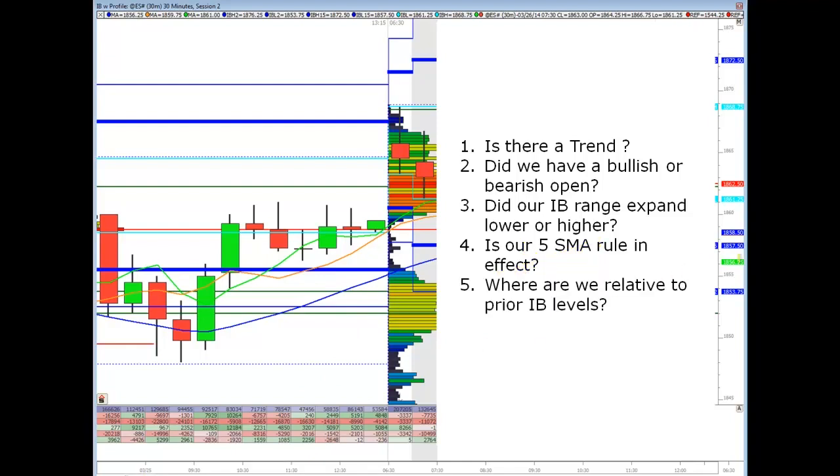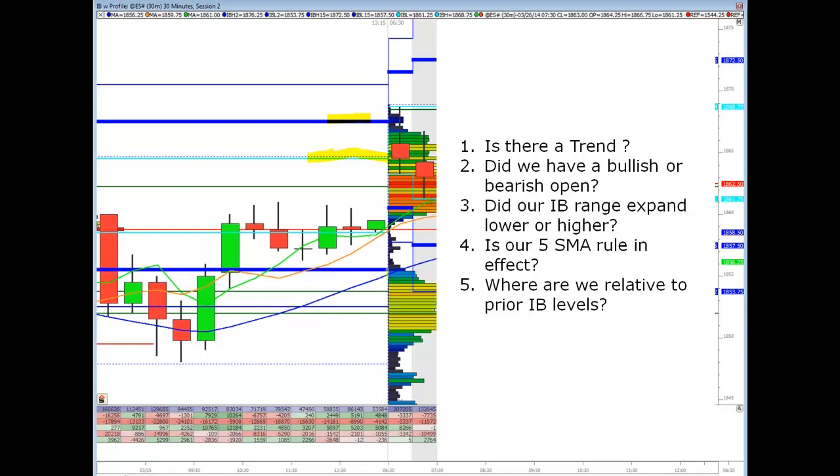Where are we relative to the prior IB levels? Well, the prior day, this was the 150% high, and it looks like we were rejected there and dropped lower. We closed right at about the IB high of the prior day, and then we continued lower.